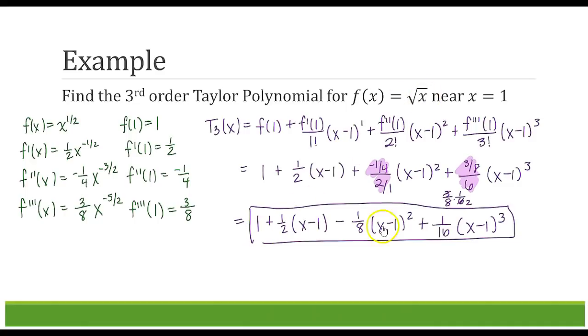But now this is an approximation for the square root function near 1. Well, 2 isn't super close to 1, but it's close enough. We could use this polynomial to approximate the value of the square root of 2 by simply plugging 2 into each x. That's what we're doing when we're finding these Taylor polynomials. The third order, because we use the third derivative, this also happens to be a degree 3 polynomial.